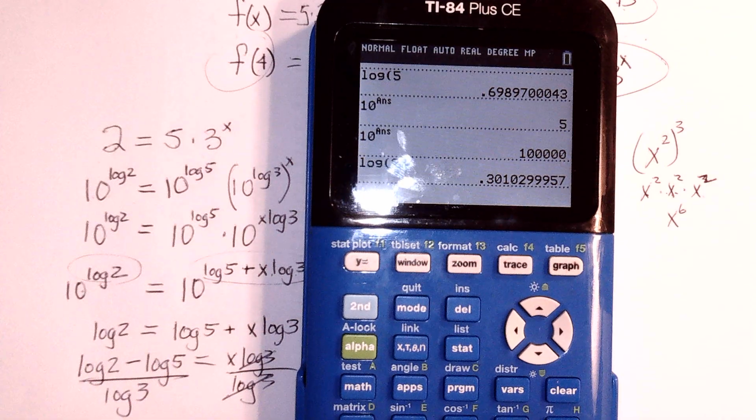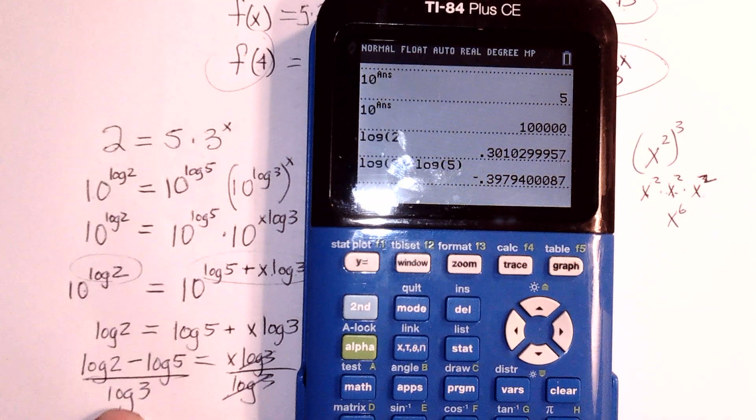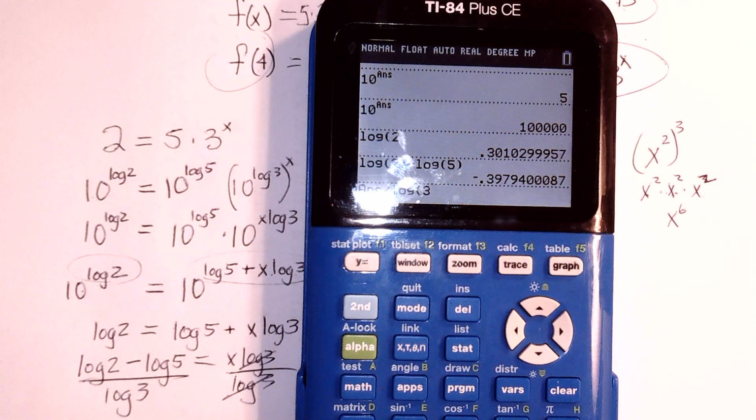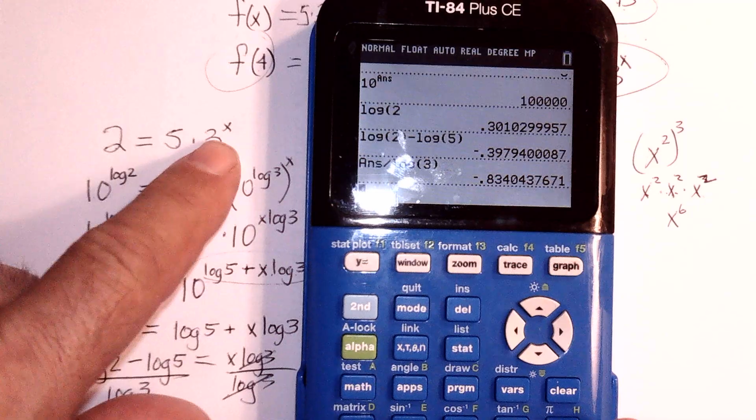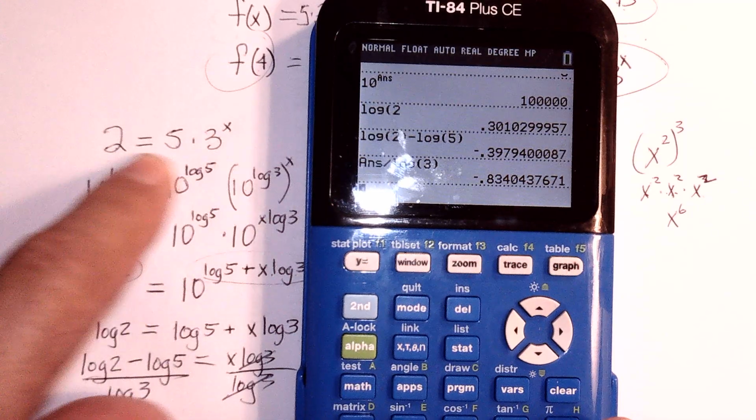Let's figure it out. Log 2 minus log 5, close parenthesis, is this number, divided by log of 3 is that number. That's the x that should make this work out.